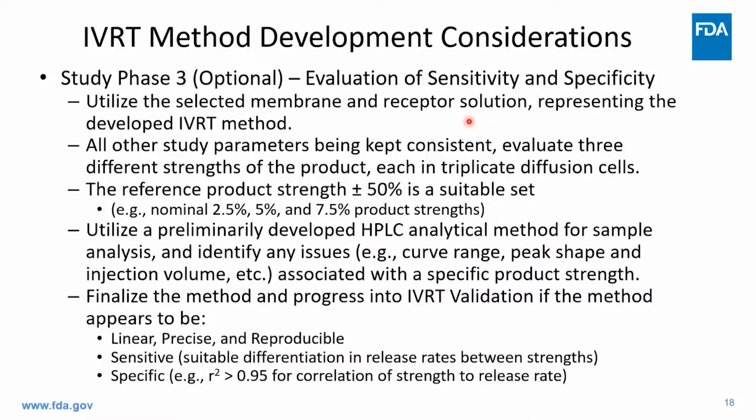And so what you can do here, and I won't cover this in too much detail, is to get an early read by looking at, let's say your product is a 5% product, plus or minus 50% in strength, and to be able to look at how it discriminates the release rate from higher and lower strength products during method development itself. That can give you an early read, because if you have an IVRT method that is just not discriminating off the bat, that prevents you from then going into the entire validation process.